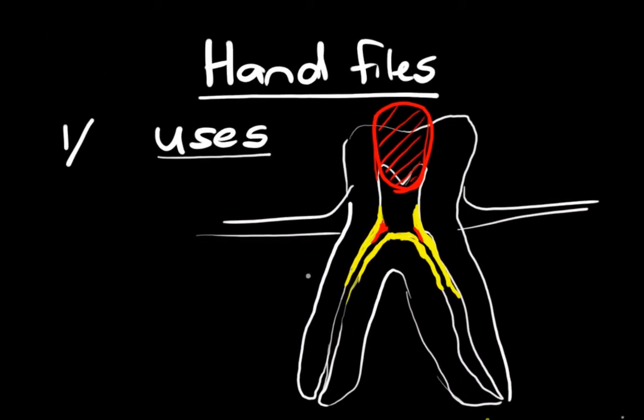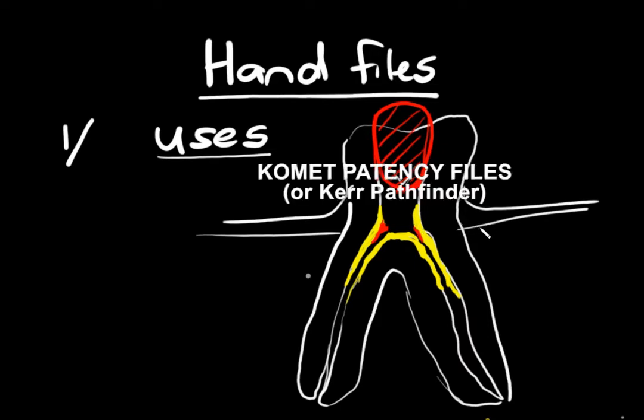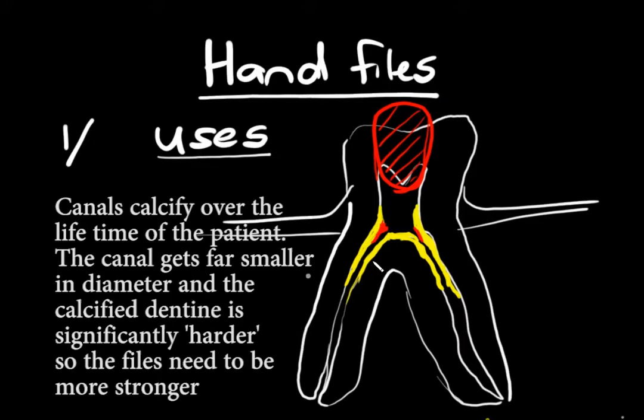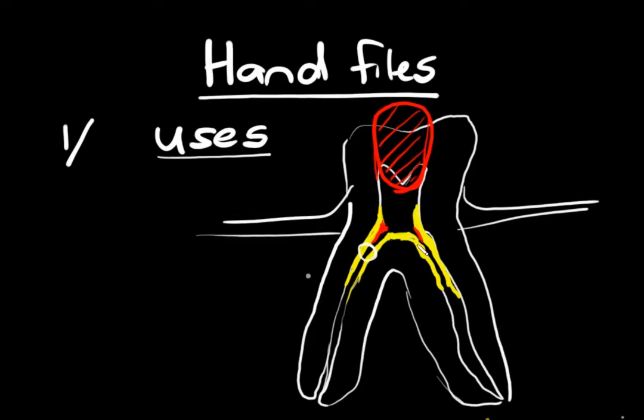So you really want two types of files. You want quite a stiff file to enter the calcified canal, and I've drawn the calcifications, by the way, in yellow. The original canal would be, without calcifications, much wider and extend into a bigger diameter here. But the calcifications over the time of the patient's life, and under big heavy restorations, can become quite severe.